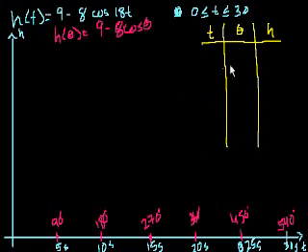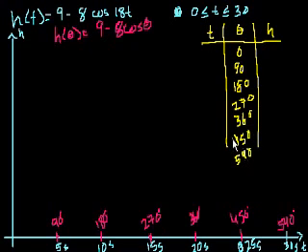I like to think of theta as 0, 90, 180, 270, 360, 450, and 540. And t, the corresponding time at those, is 0, 5, 10, 15, 20, 25, 30.